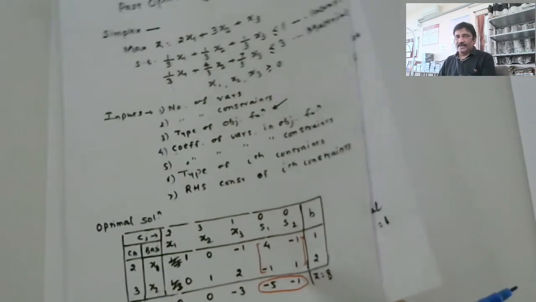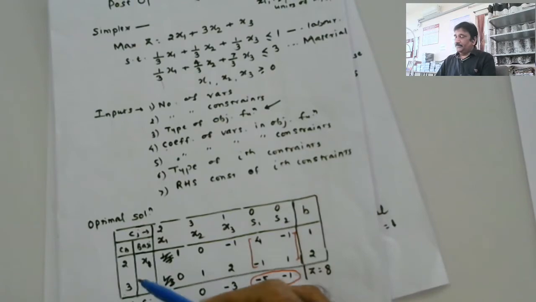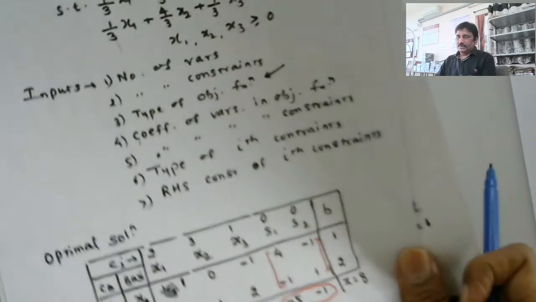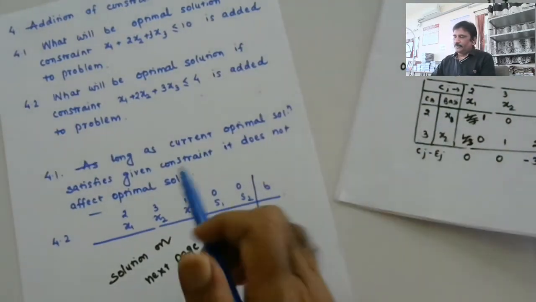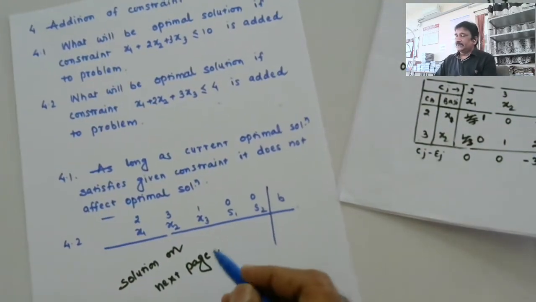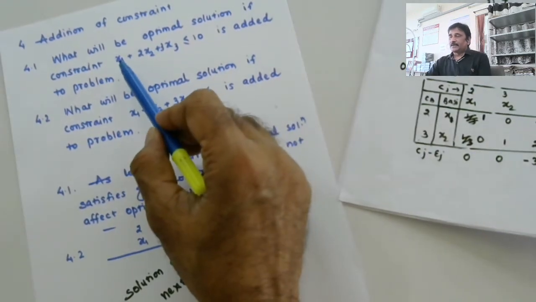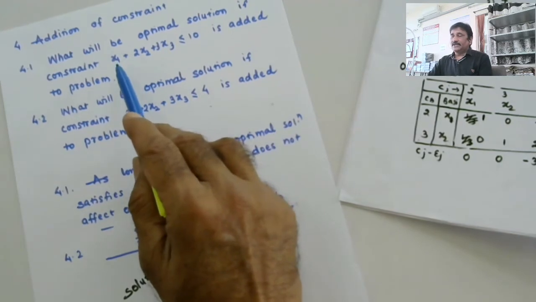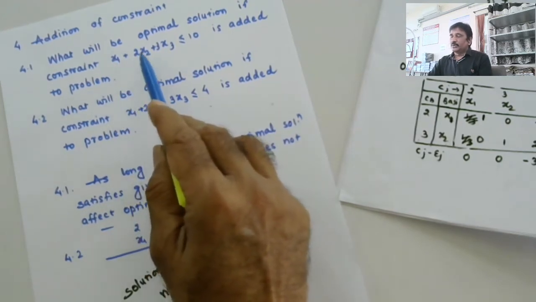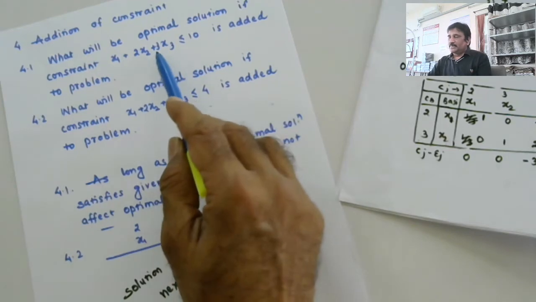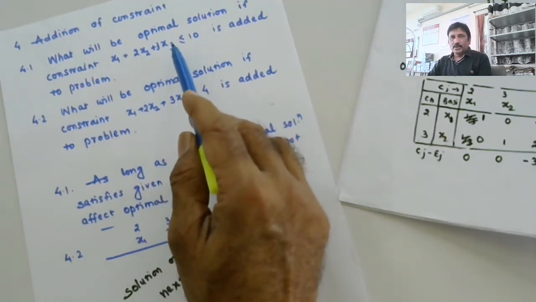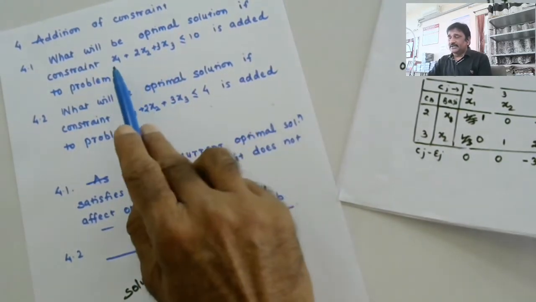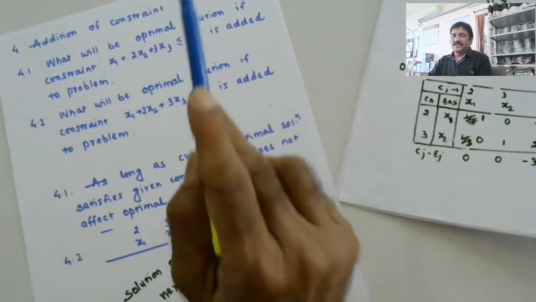Here the optimal values of x1 and x2 are 1 and 2, and we'll be putting them in the constraint. x1 is 1, plus 2 into x2, that is 2 into 2, plus 3 into x3. x3 is 0, because that is not there in the table. So the total left hand side built up is 1 plus 4, 5, and 5 is less than 10.